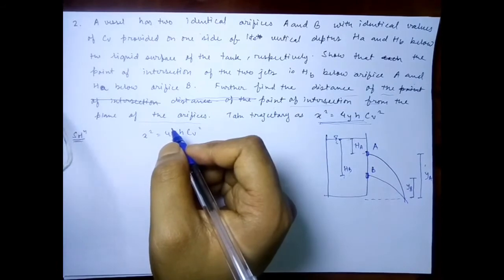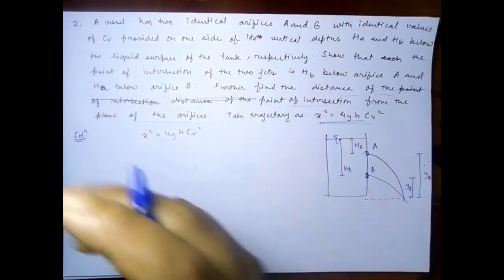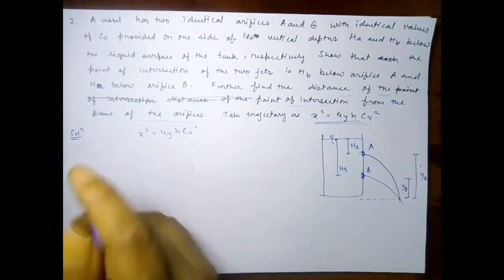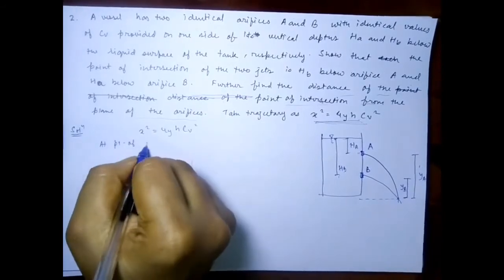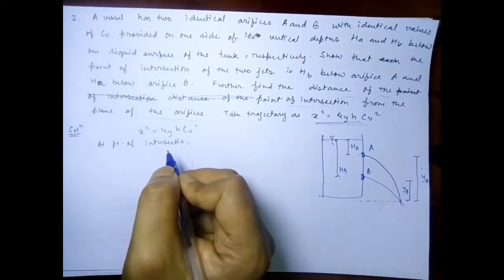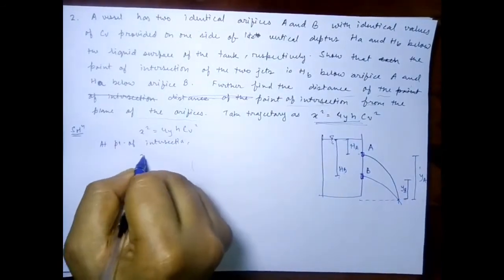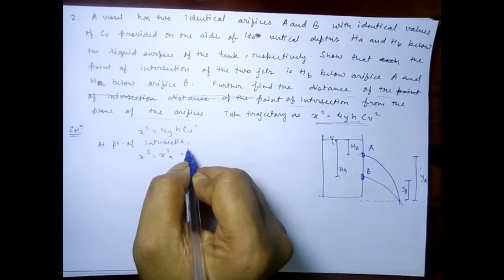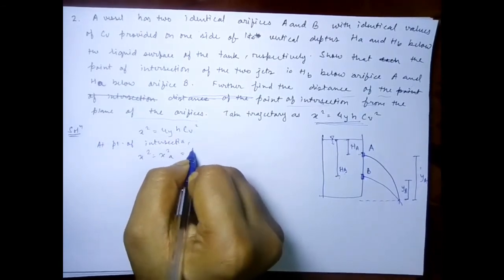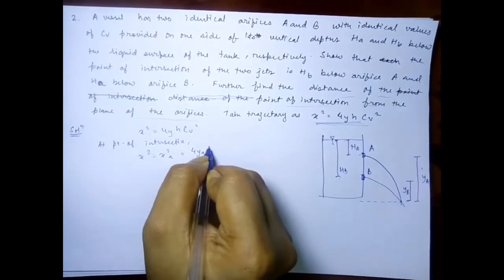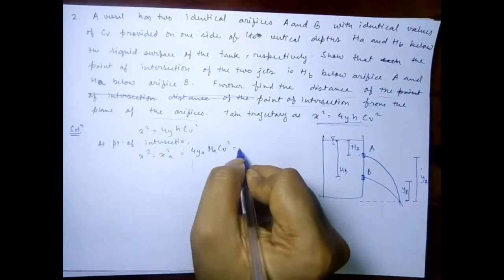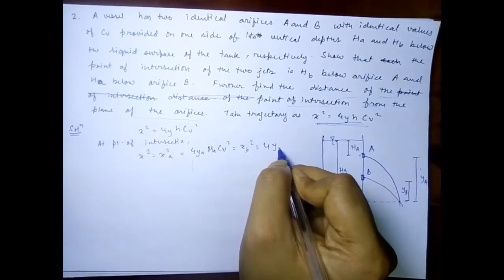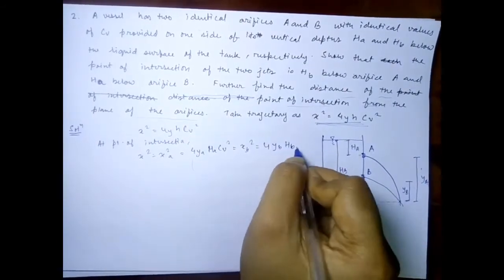Now at the point of intersection, suppose this is yb and ya, this is the point of intersection, and at the point of intersection x square is equal to x square a, which is suppose for a, and x square a is equal to 4 ya ha CV square, and also for b it will be xb square equal to 4 yb hb CV square.